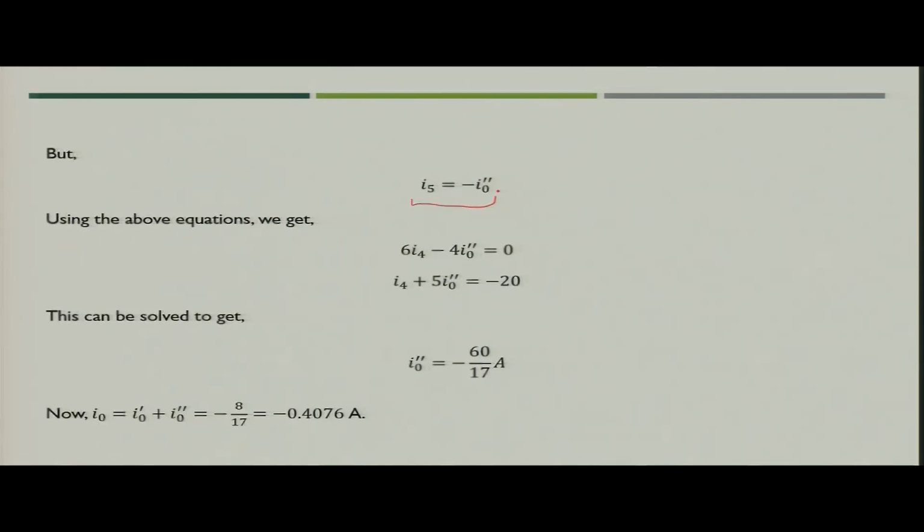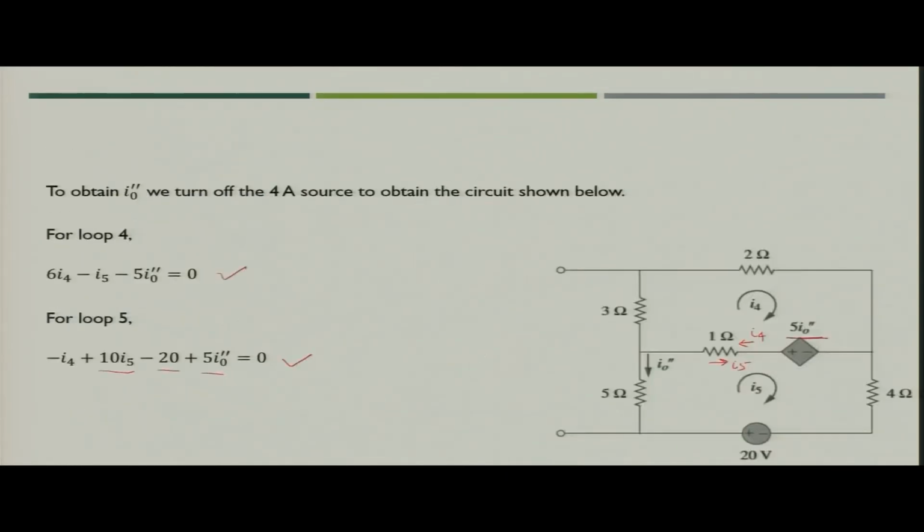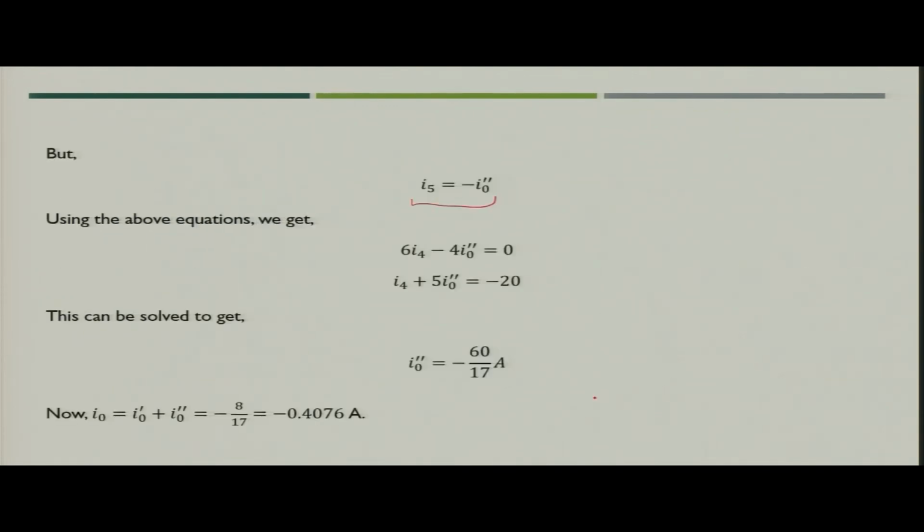Now I naught double dash is nothing but minus of I5, which you can see from here, because I5 is flowing opposite to I naught double dash. So instead of I5 we can write minus I naught double dash in these equations.